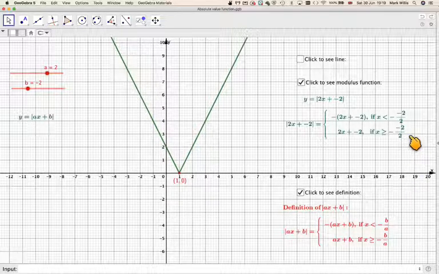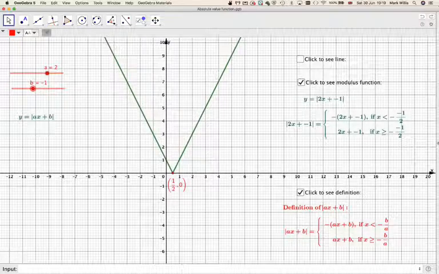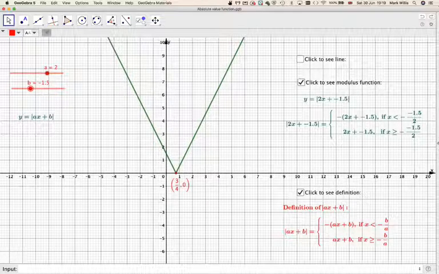Let's just change the number for b to make it a bit more of a fraction. Minus b over a is going to be 3/4, so to see if that's right, it's minus minus 1.5, that's positive 1.5, divided by 2, which is 3/4. So for values less than that, you do negative the whole function to find the value of y, and for values greater than 3/4, you just take the function itself.